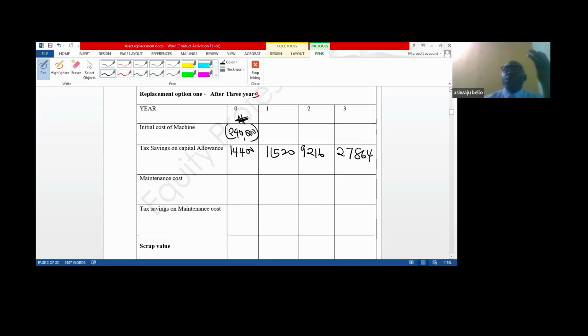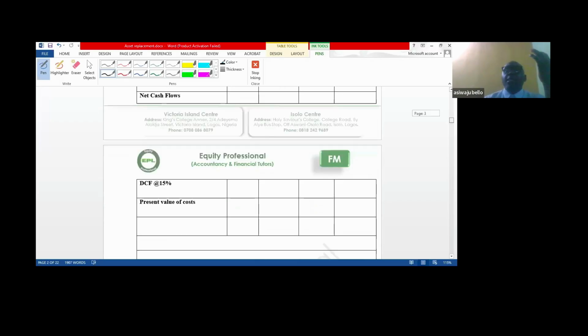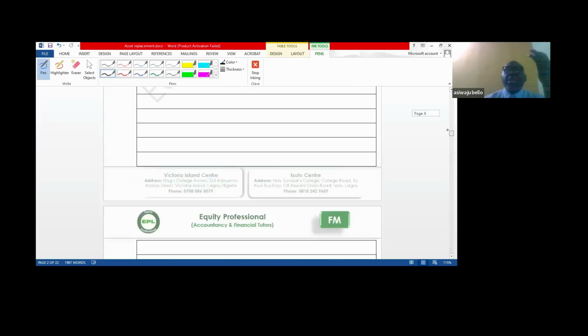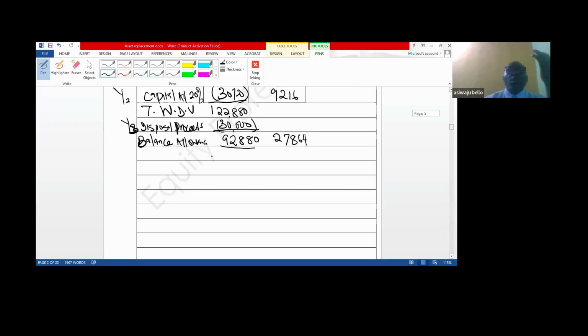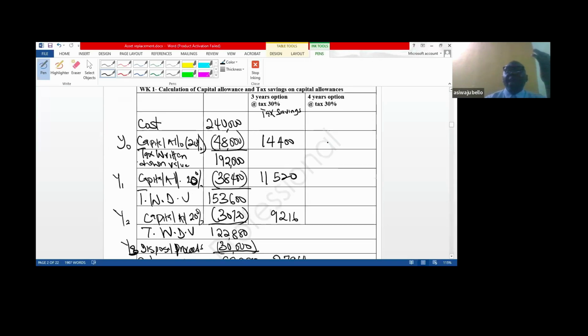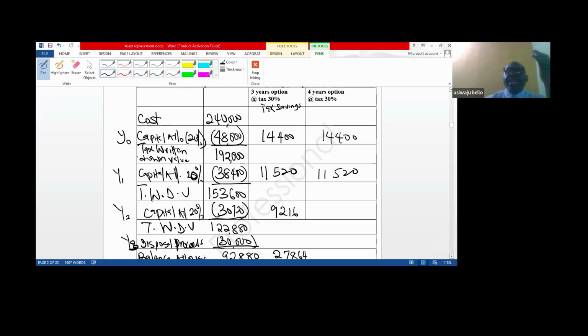If you are to talk of replacement after 4 years, that means when you get to this portion, look at it. This will still apply here.